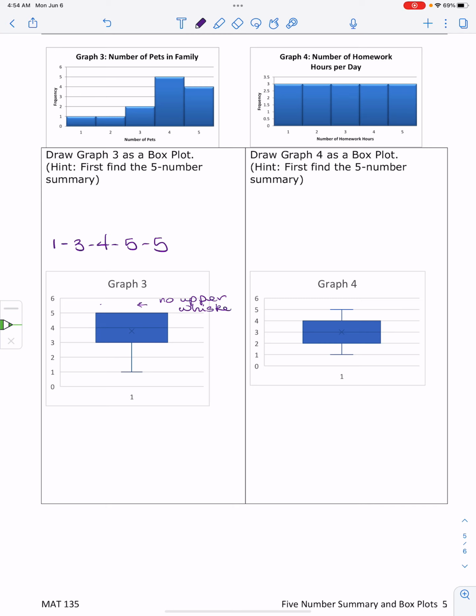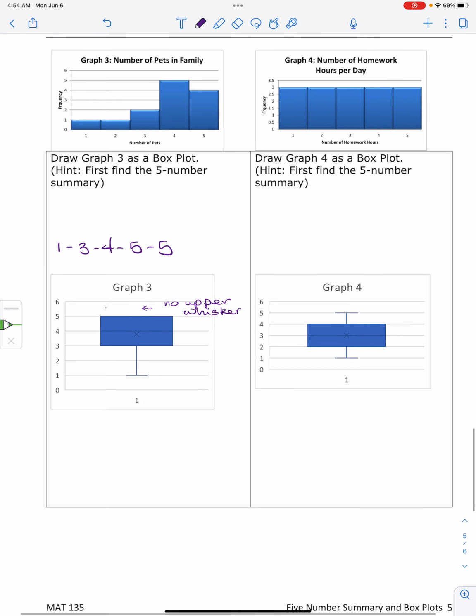Because our data is pulled towards that left end tail. So I have my box and I have my lower whisker. And again, notice here my little X. And that's our mean pulled towards the tail.